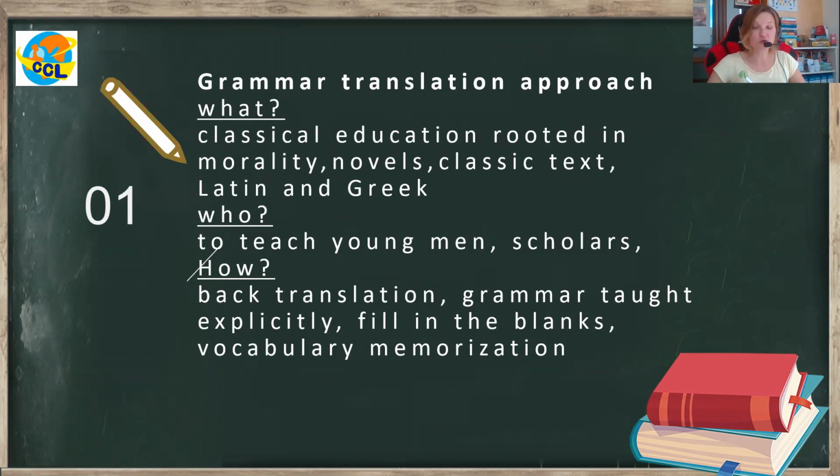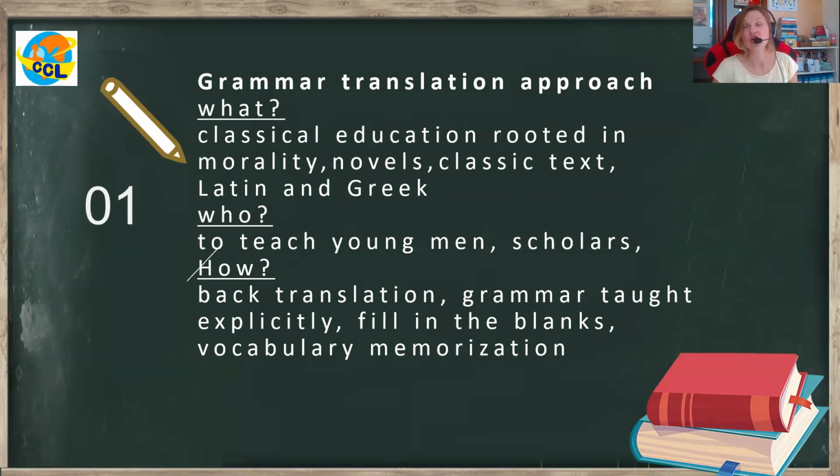What was it about? What was the purpose, the content, and the practice? Basically, the content was based on classical education rooted in morality. So it was classical books, novels, classic texts, long passages of text. Also different genres like poetry, short stories, novels, and it was mostly about learning Latin and Greek, how to read in Latin and Greek.